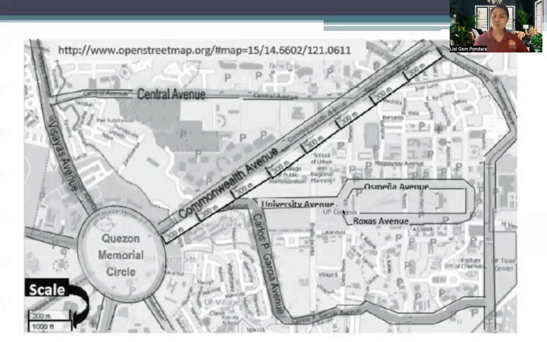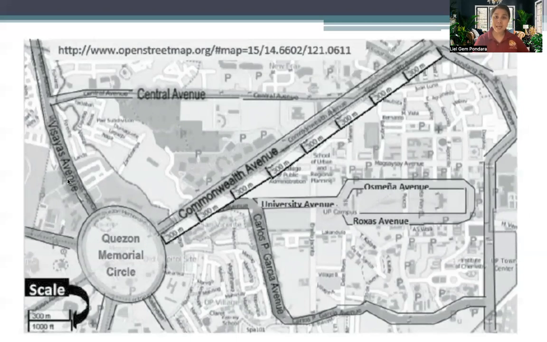And inside the campus, we have the Rojas Avenue and the Osmeña Avenue. From the Commonwealth Avenue, before you reach the University Avenue, you can also turn right, and it will lead you to the Carlos P. Garcia Avenue. From the Quezon Memorial Circle, you can also pass going to the Visayas Avenue, then to the Central Avenue.